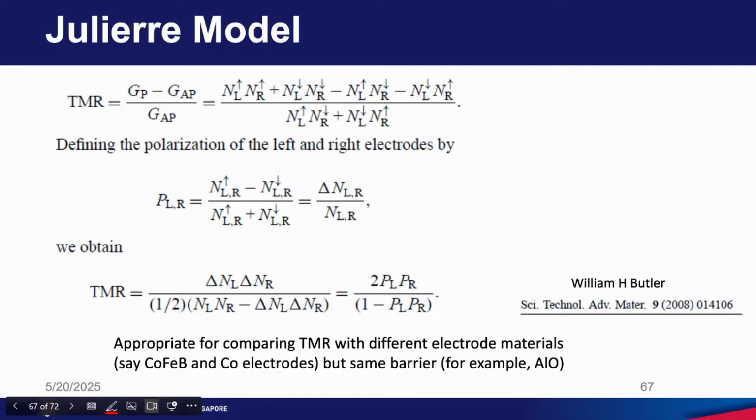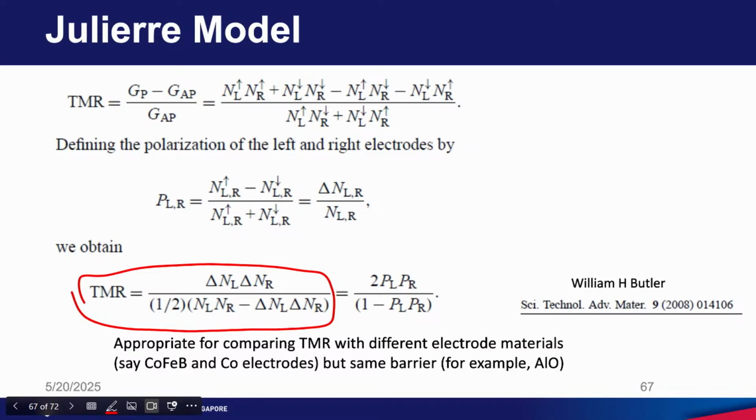So, if you put all those things together, you do not need to know everything here. Simply it will turn out that the TMR depends on the difference between the number of up and down electrons in the shell and so on. Okay. So, this is one model.